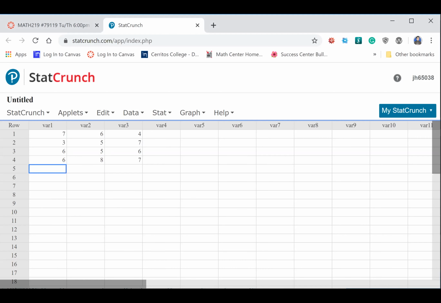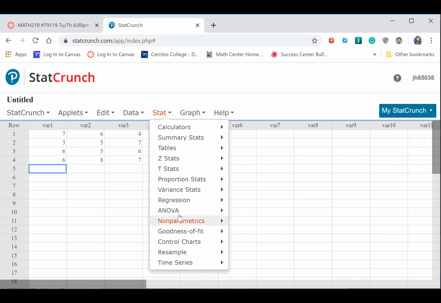We're going to do an ANOVA on this, so an analysis of variance. I'm going to go Stat, then ANOVA, then One Way. So Stat, ANOVA, One Way.